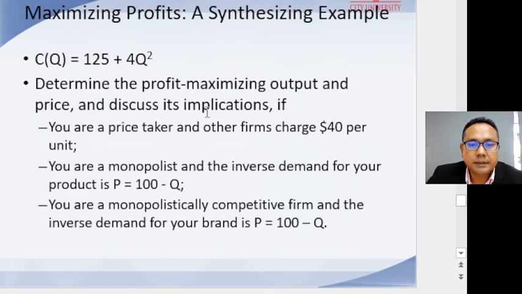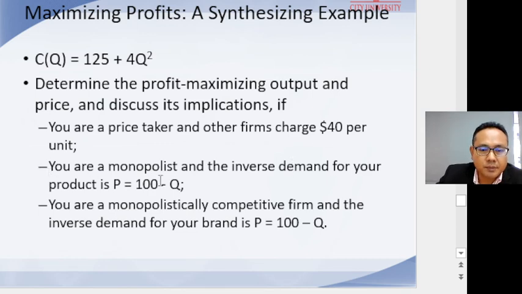So this is the synthesizing example, maximizing profit. The cost is 125 plus 4Q squared. Determine the profit maximizing output and price, and discuss its implication. Suppose you are a price taker and other firms charge $40 per unit.